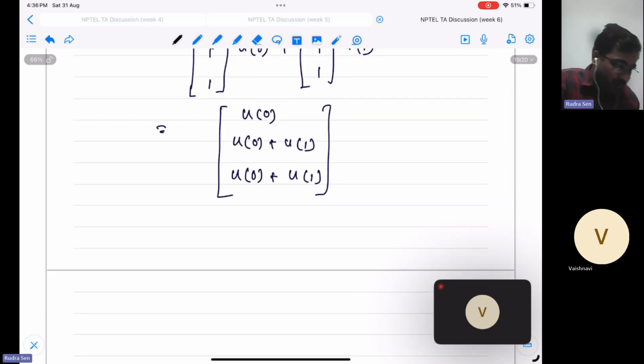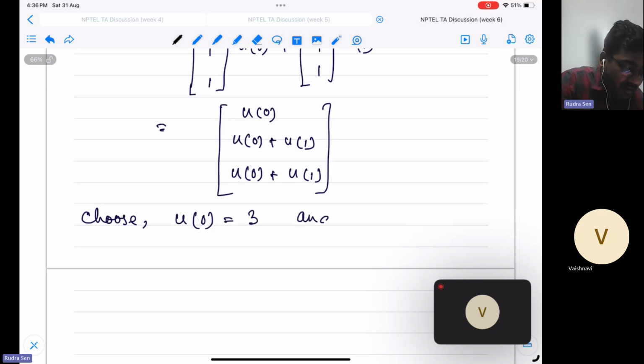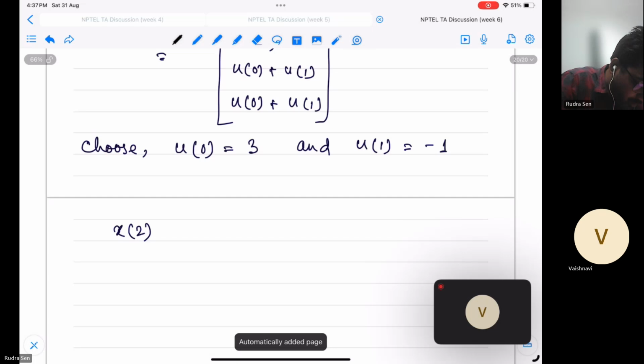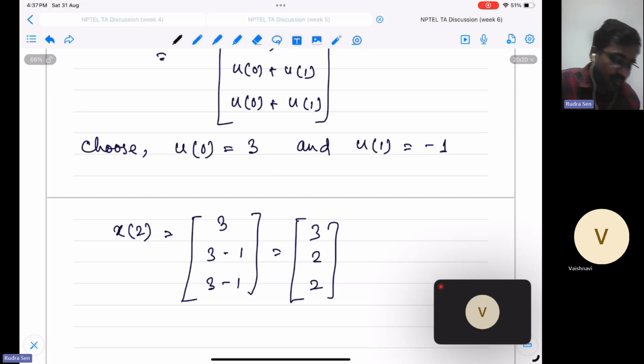If we choose u0 equal to 3 and u1 equal to -1, then we get 3, 3 minus 1, and 3 minus 1, which reaches the state 3, 2, 2.